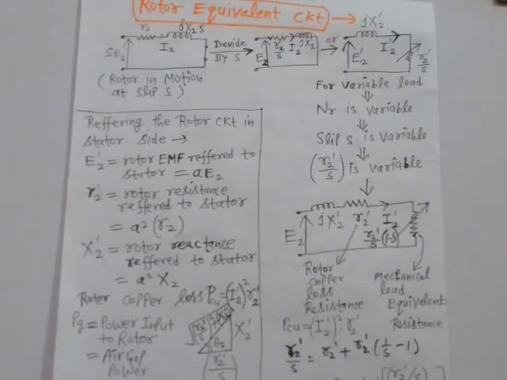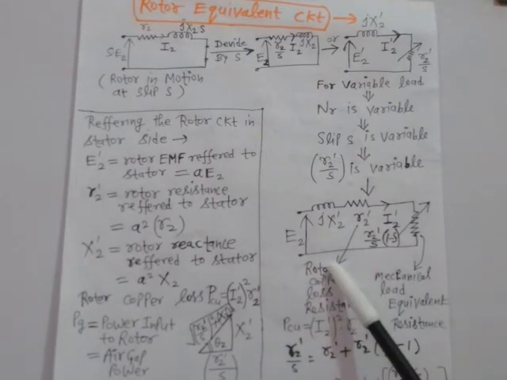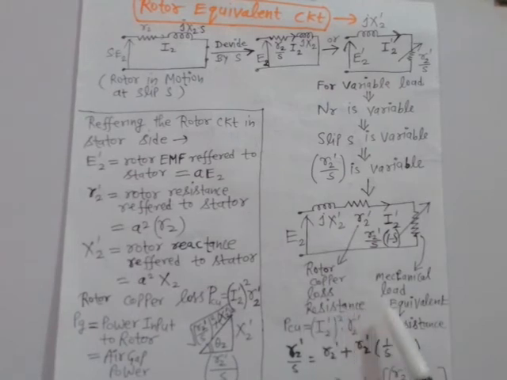Can you write this? Yes, you can easily write it. It's simply mathematical manipulation, right? Intentionally we have done this because R2 dash will now represent the rotor copper loss in rotor resistance R2 dash, right? What is rotor copper loss? It is I2 dash square into R2 dash, right?